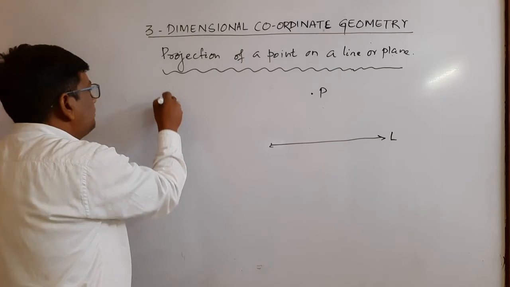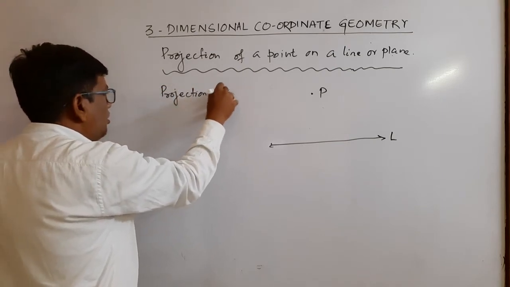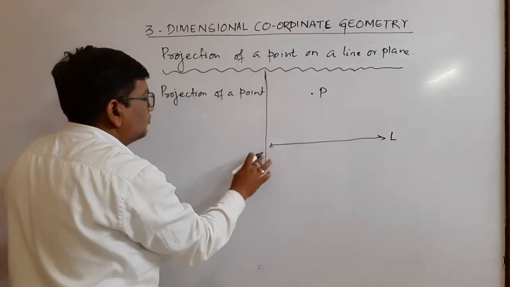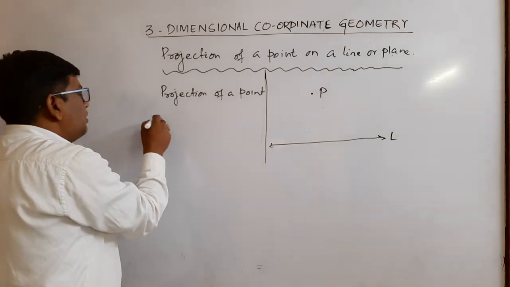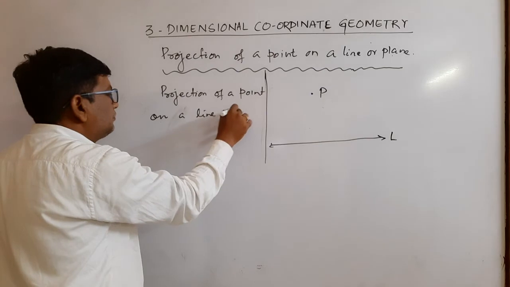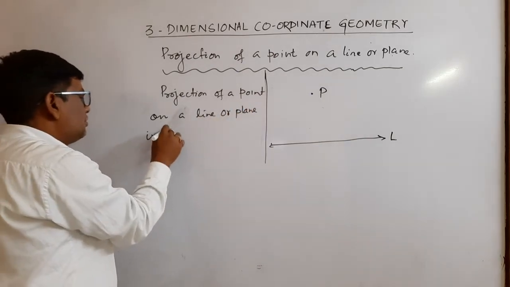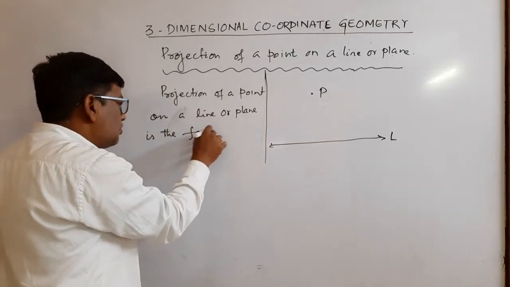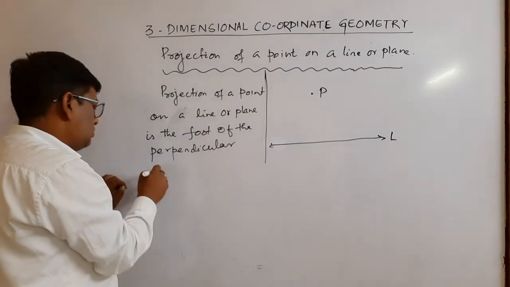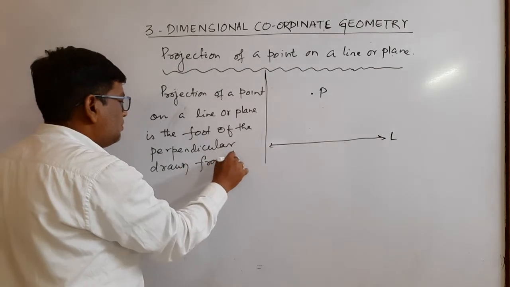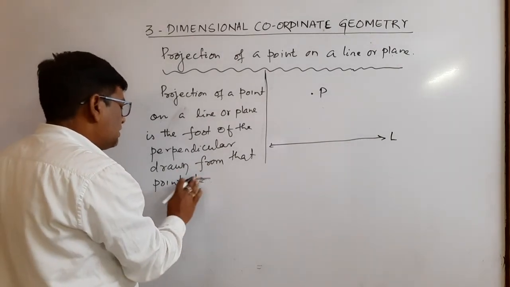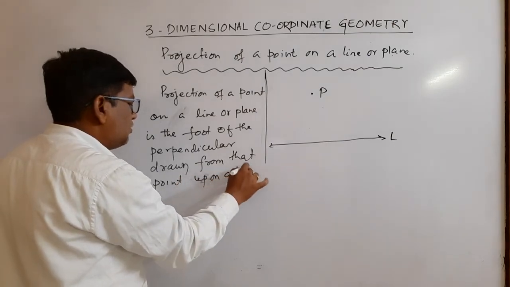The projection of a point upon a line or plane is the foot of the perpendicular drawn from that point to that line or plane.